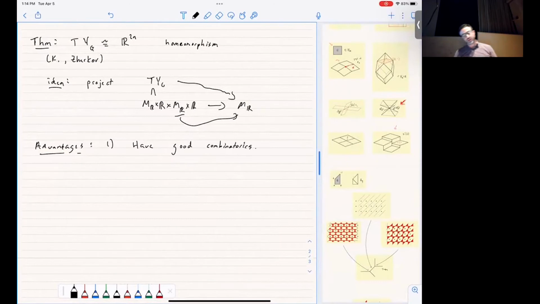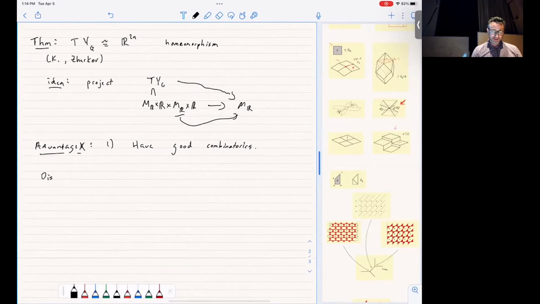You can identify a bunch of strata. You can build things, as we'll see in a moment, by hand and have good control over where they are. That's, I would say, the main advantage. I would like to write more advantages, but I think that's probably the best advantage that we have here.